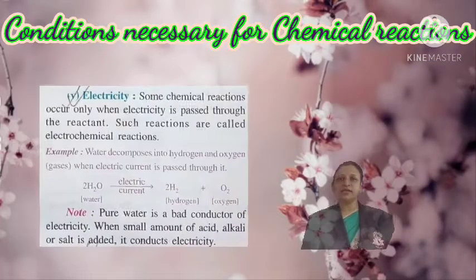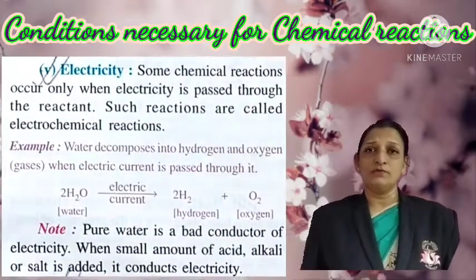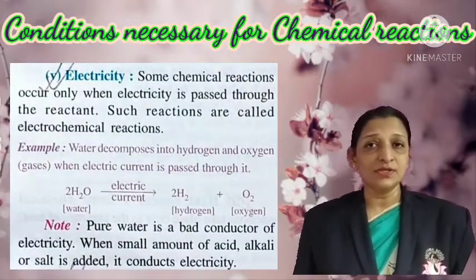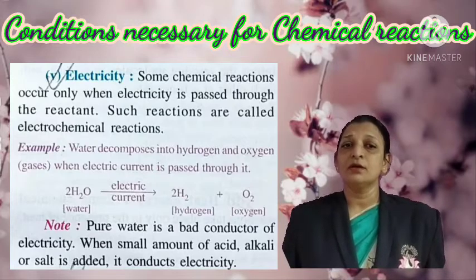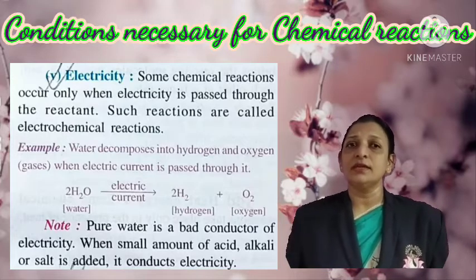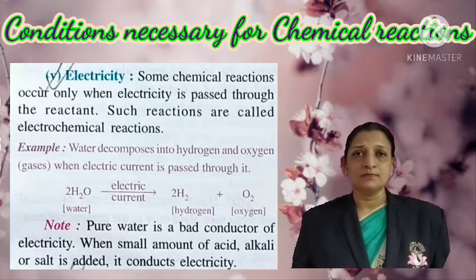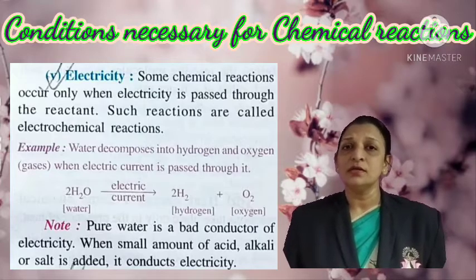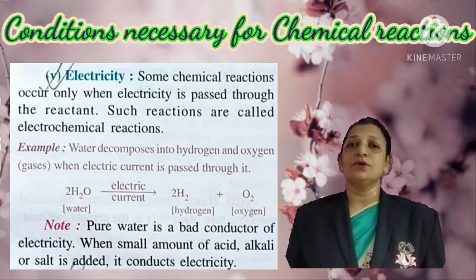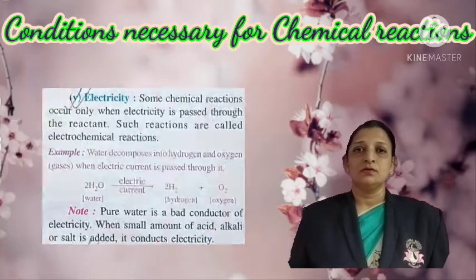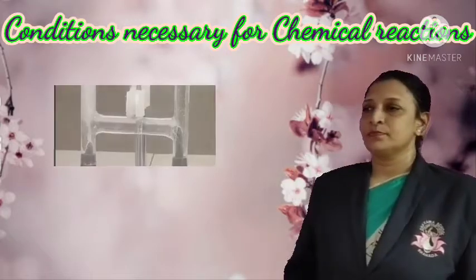We will move to the next condition required for chemical reaction, electricity. Some chemical reactions take place only when electricity is passing through the reactants and the reactants get electrolytically decomposed to give products. Observe this.